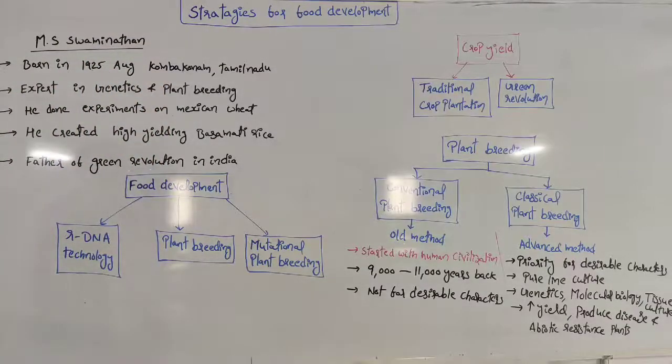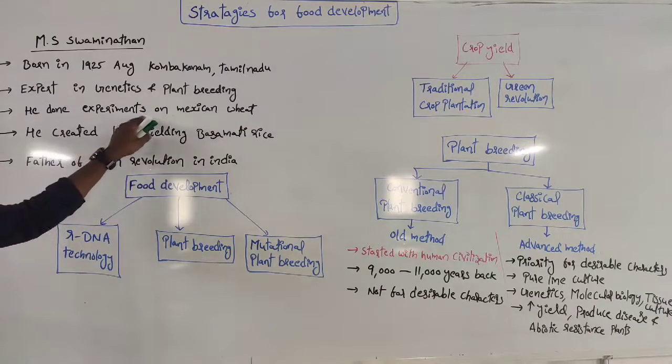He did experiments on Mexican wheat. The Mexican wheat research mostly supported the Green Revolution. He had the idea of the whole Green Revolution process, and based on that, he developed different varieties in India.